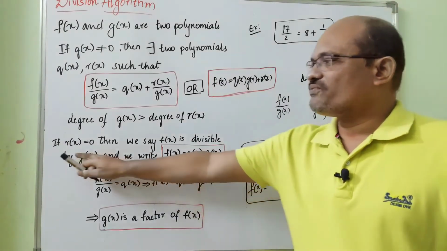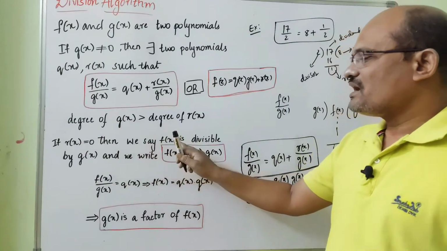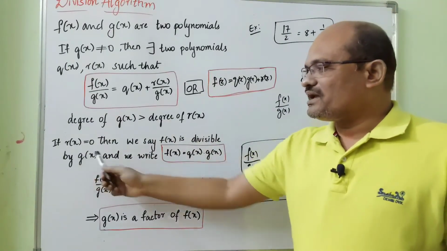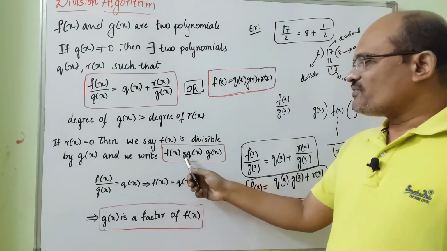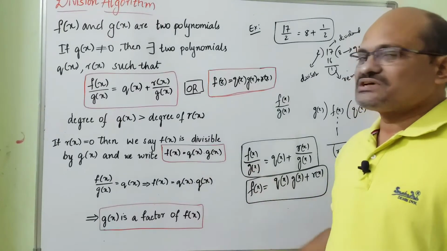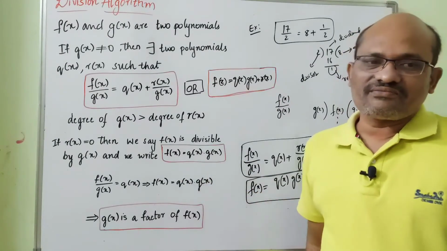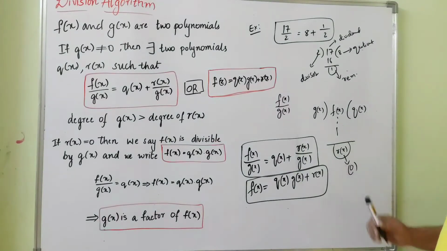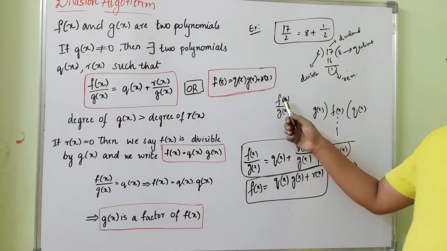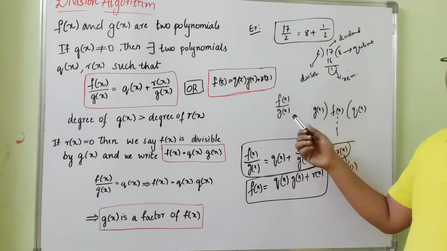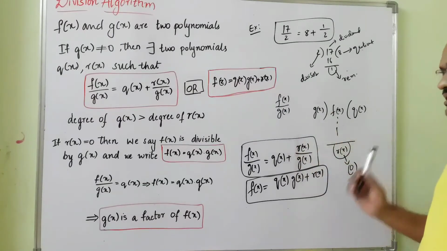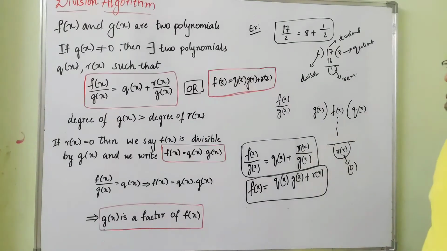If r of x equals 0, then we say f of x is divisible by g of x, and we write f of x equals q of x into g of x. If the remainder is 0, we say that f of x is completely divisible by g of x.